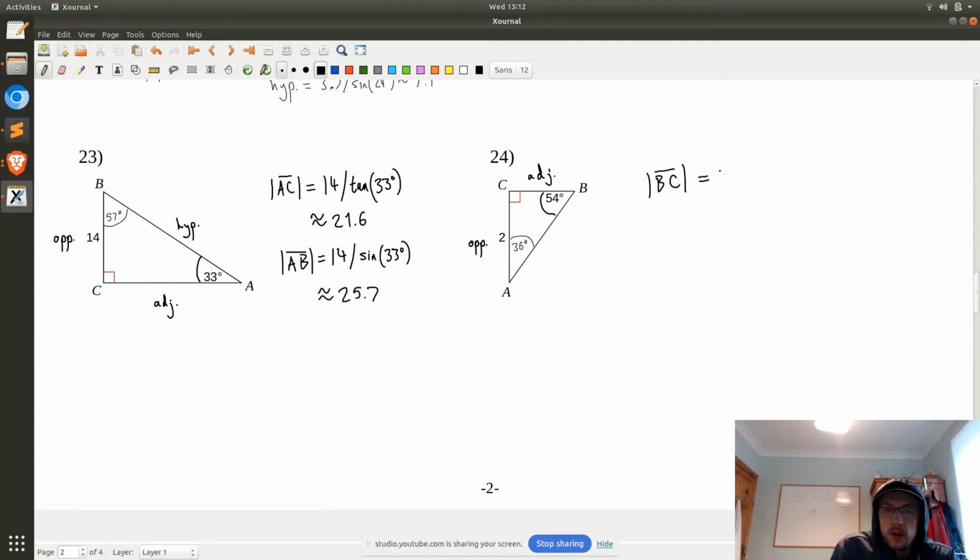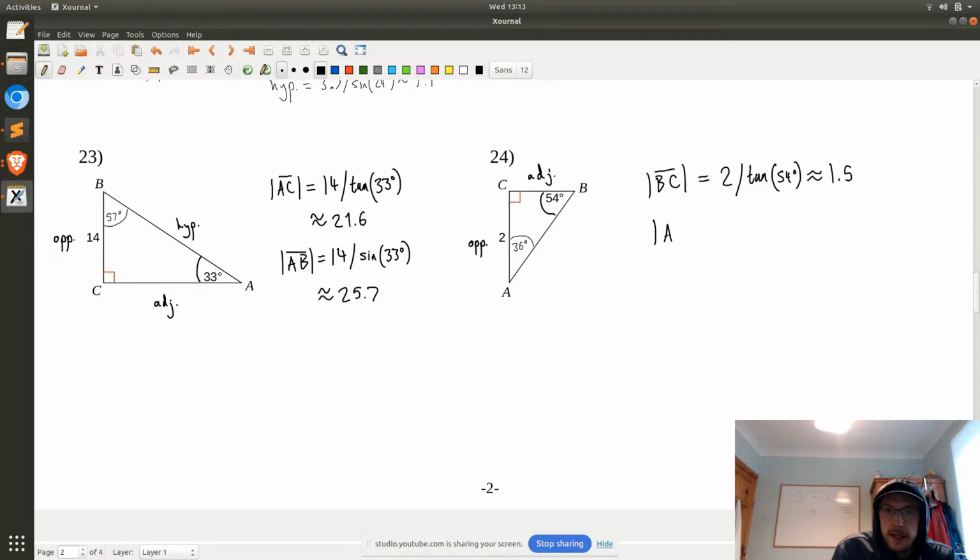So 2 over tan of 54. That would be the adjacent. And it's 1.5 to the nearest tenth.